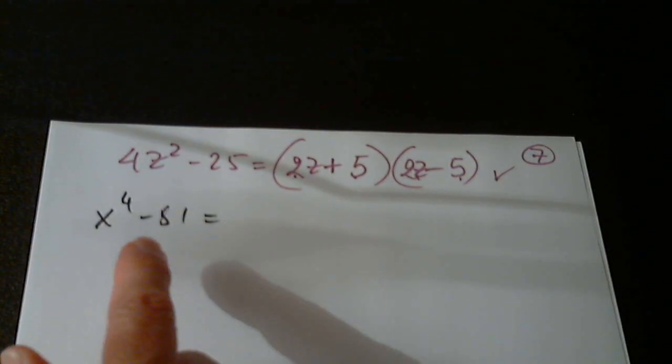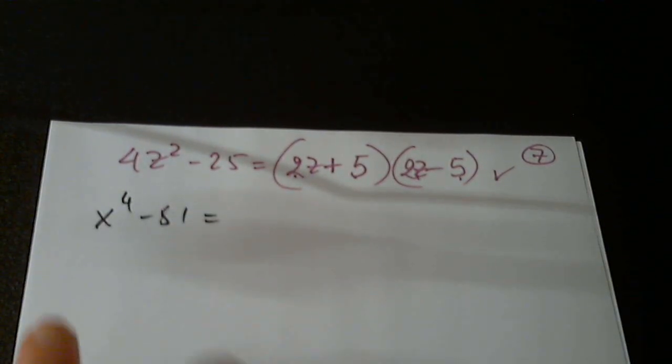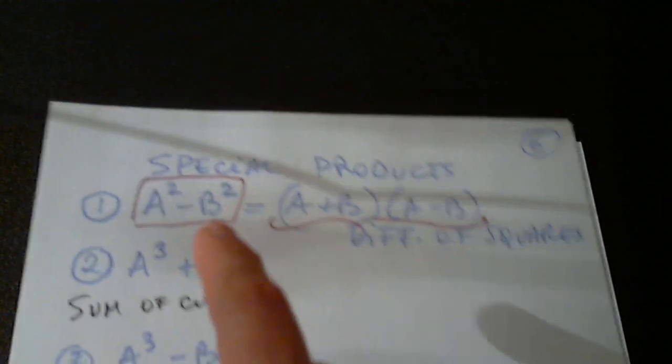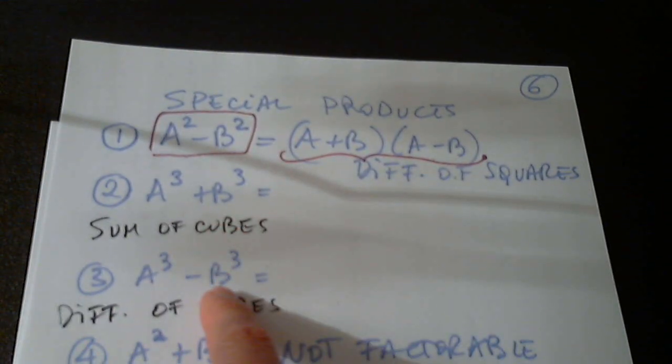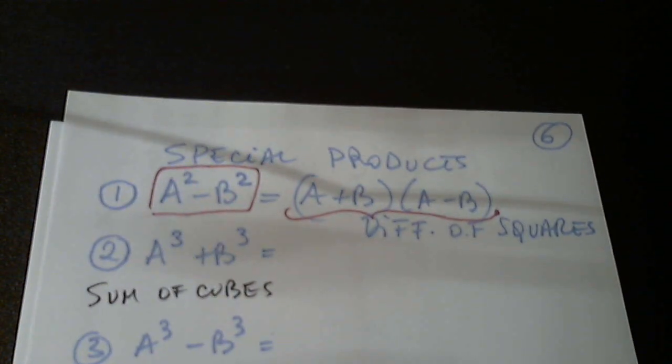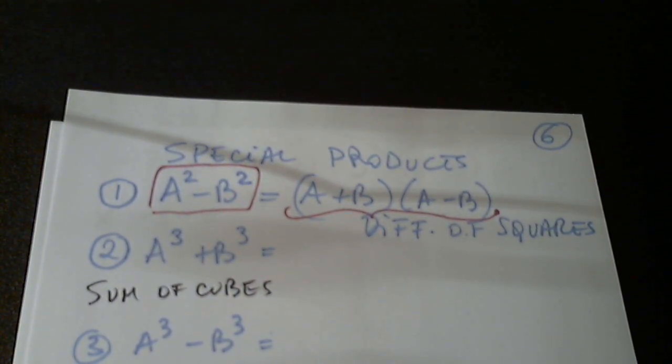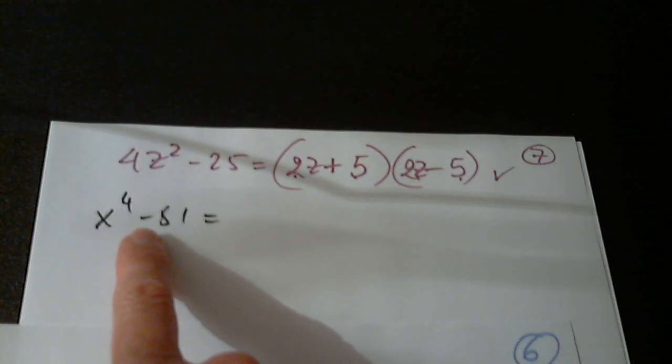Binomial, descending order, yes. Greatest common factor, no. Negative leading coefficient, no. Special product, yes or no? It's a difference of squares.